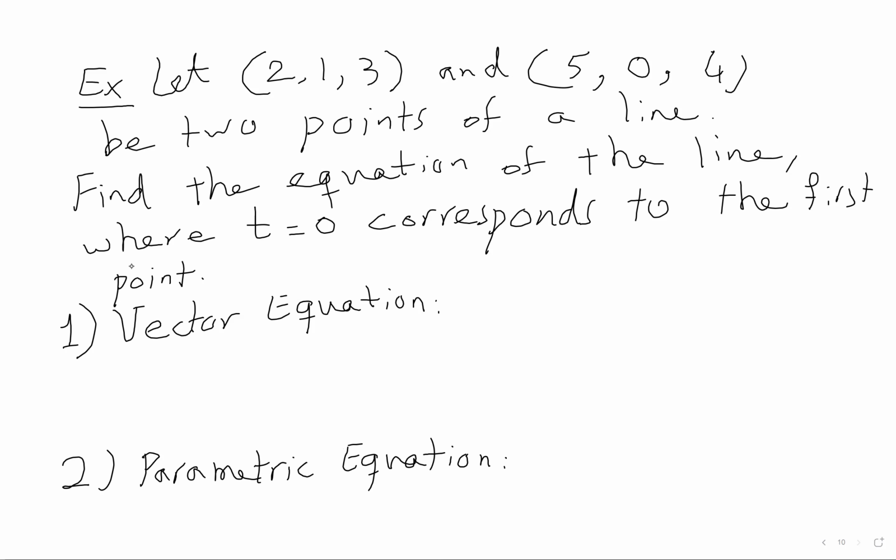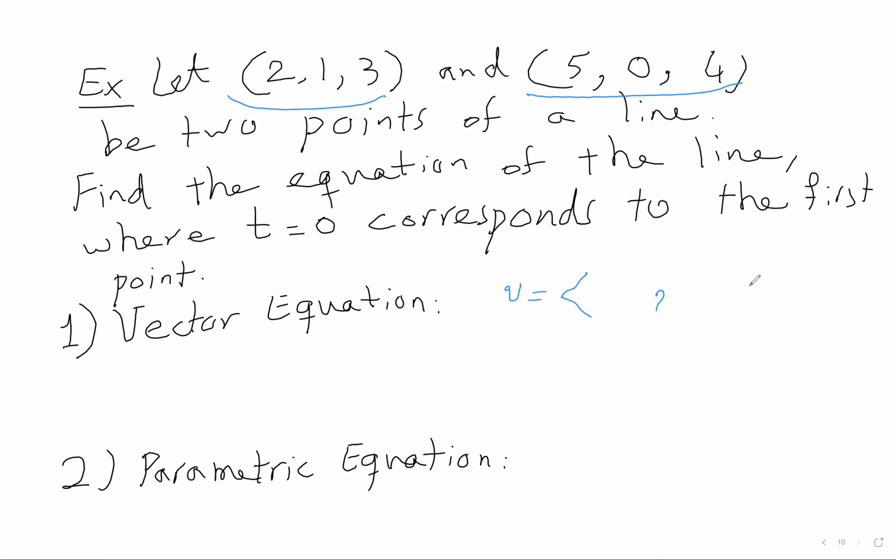So first of all, I find out the vector in the direction from the first point to the second point. We know from the first week how we can find that vector.